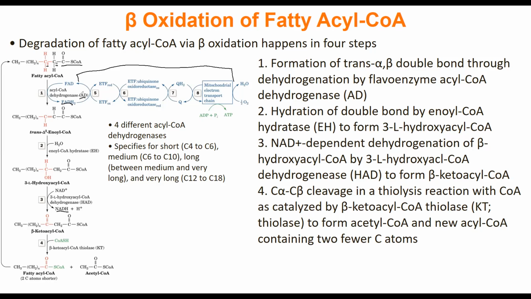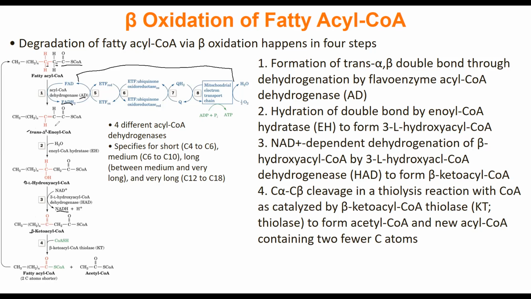I've mentioned this like 20 times already, but anytime you see the word dehydrogenase, you know you're doing a redox reaction, so you should expect an NAD or an FAD to appear. And our result here is trans delta 2 enoyl coenzyme A. Don't worry too much about these specific names, the trans delta 2, the 3-L-hydroxyacyl, beta-ketoacyl.